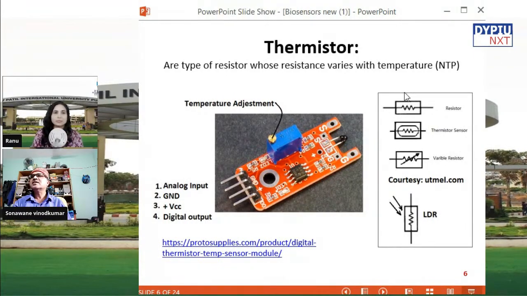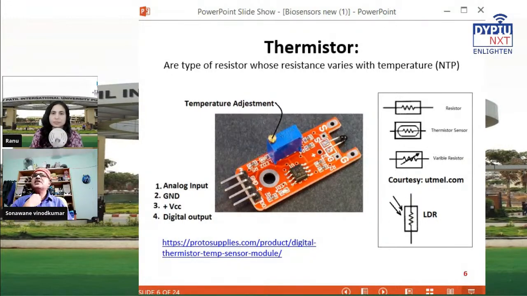We can see it. And then there is another schematic diagram of LDR. So LDR is a light dependent resistor whose resistance changes with the light. So basically thermistors are NTC devices, called negative temperature coefficient devices.